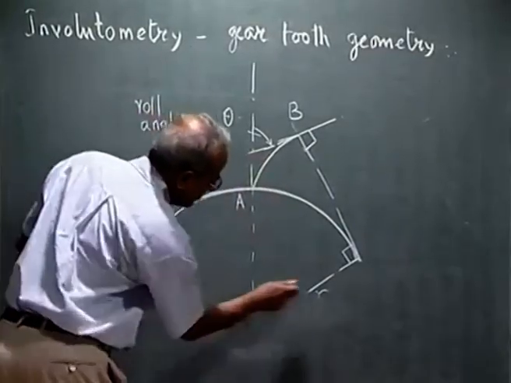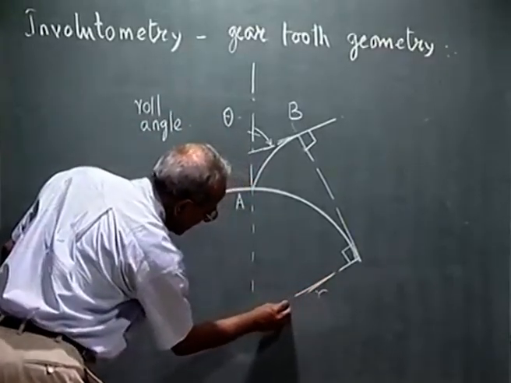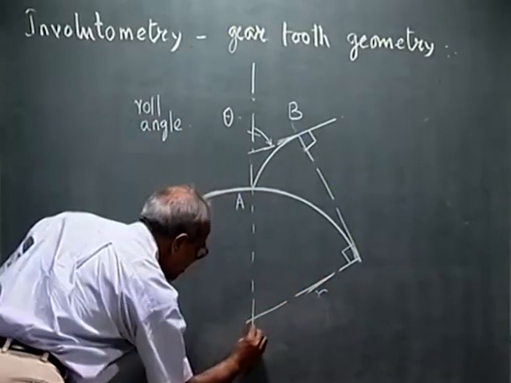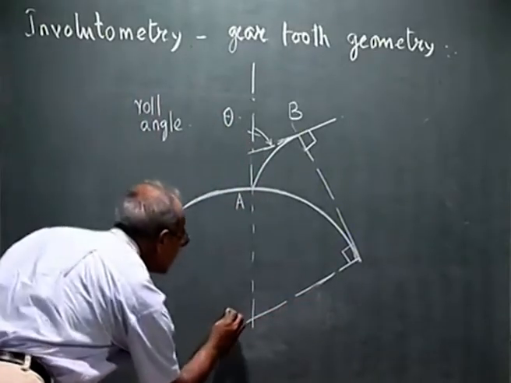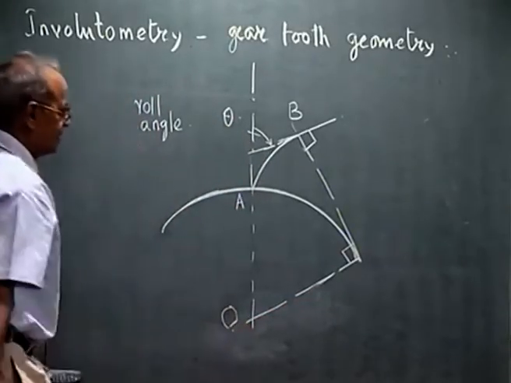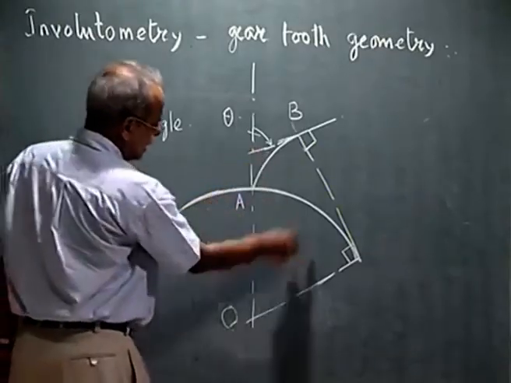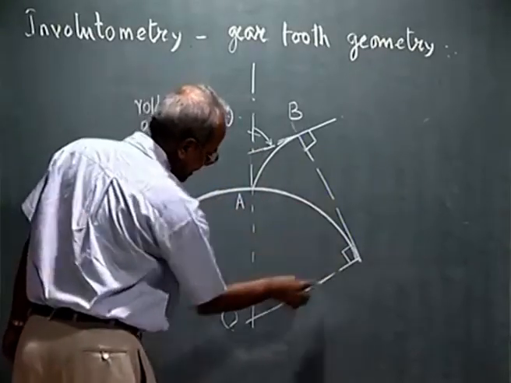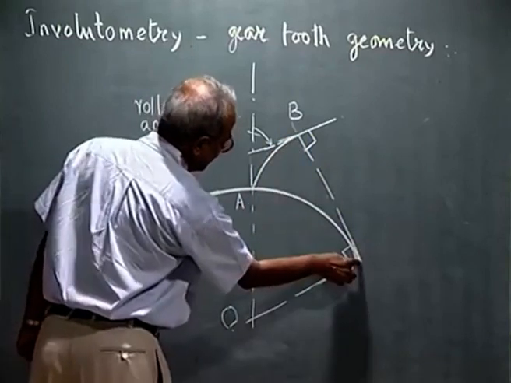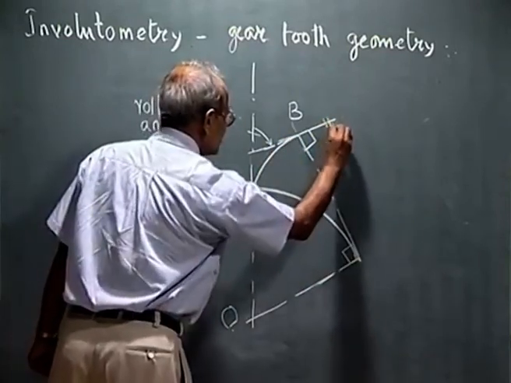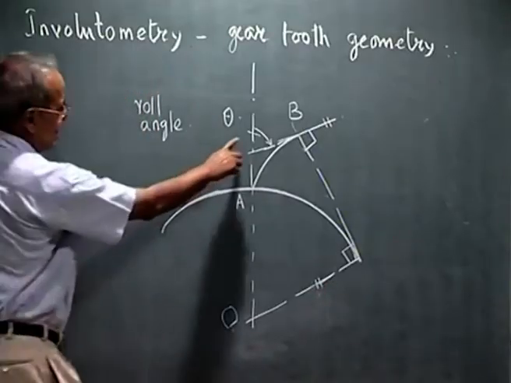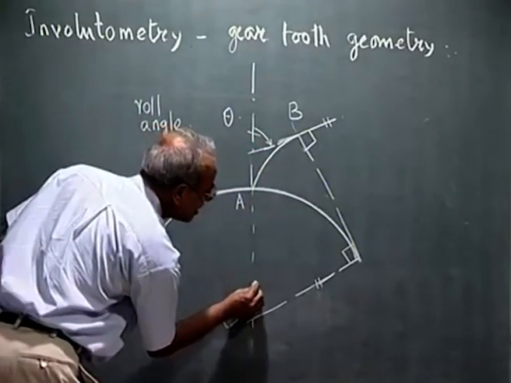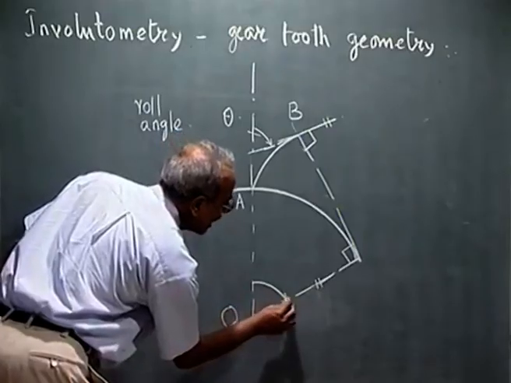This line does not look like perpendicular, so let me draw it correctly. This is O. So, this line is perpendicular to the string, this radius is also perpendicular to this string which is tangential. So, this is parallel to this. So, if this angle is theta, this is also theta, the roll angle.